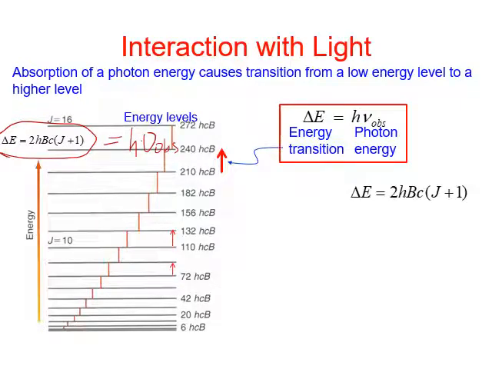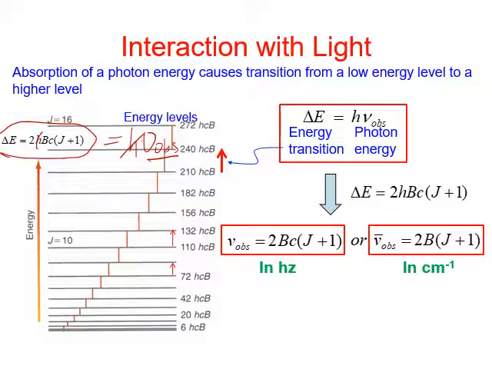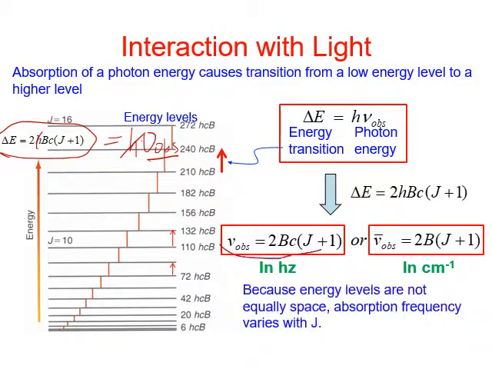The Planck constant cancels, so the absorption frequency will be 2Bc times J plus 1, in units of hertz. If we want the frequency in inverse centimeters, we divide by the speed of light, which cancels it, giving 2B times J plus 1.